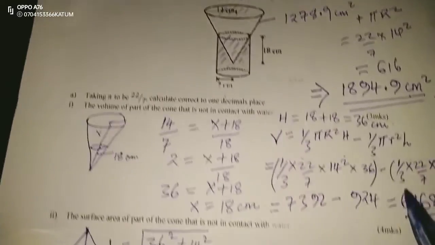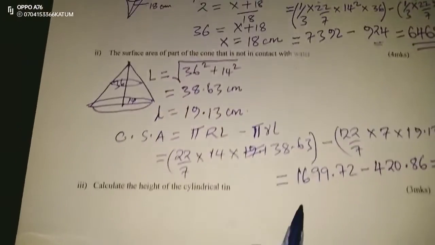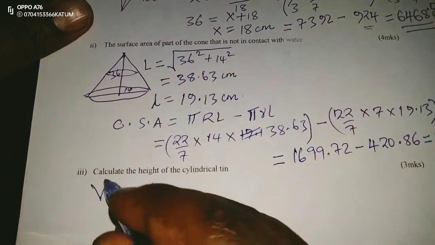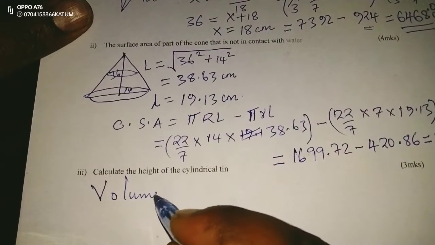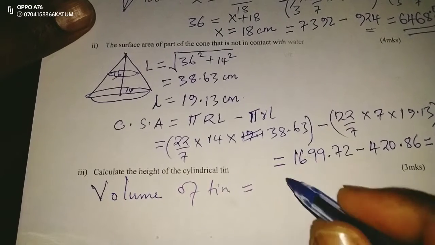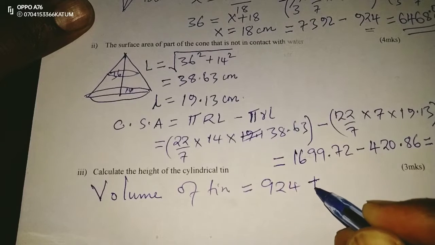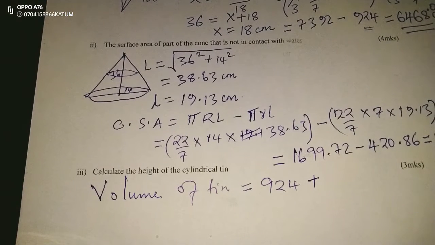It was already obtained here. Volume of the smaller cone is 924. So the volume of this tin is going to be 924, that is the smaller cone because it is already inside, plus the volume of water which is already inside.